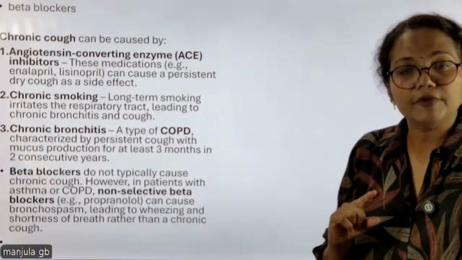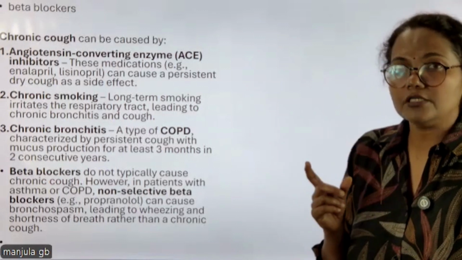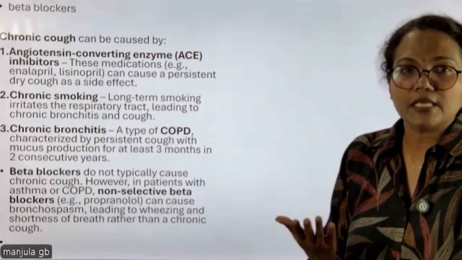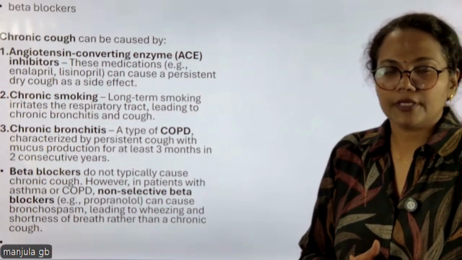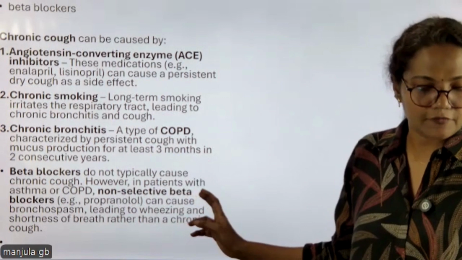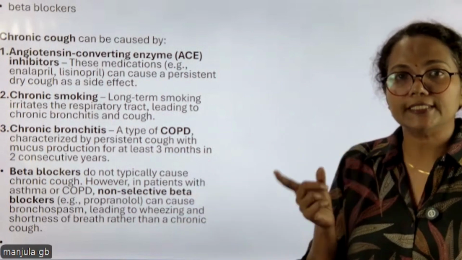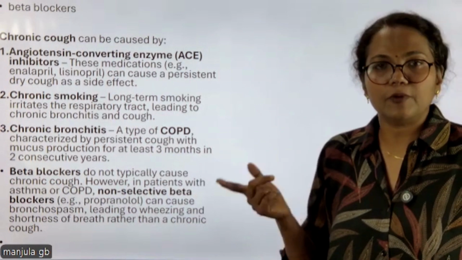But if you are giving non-selective beta blockers like propranolol, then it will cause asthma or wheezing, exacerbate those respiratory problems. Okay, so this can also be a question which can be asked, very important, about beta blockers, selective and non-selective, or beta receptor 1 and 2.